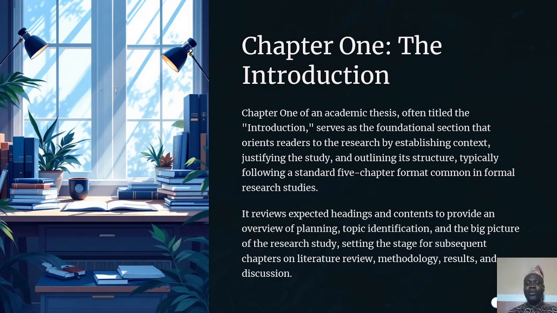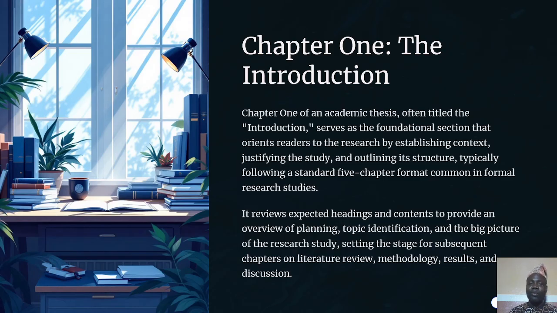Typically following a standard 5-chapter format common in formal research studies, it is very, very critical. It reviews the expected headings and contents to provide an overview for planning, topic identification, and the big picture of your research study, setting the stage for subsequent chapters on literature review, methodology, result, and discussion.